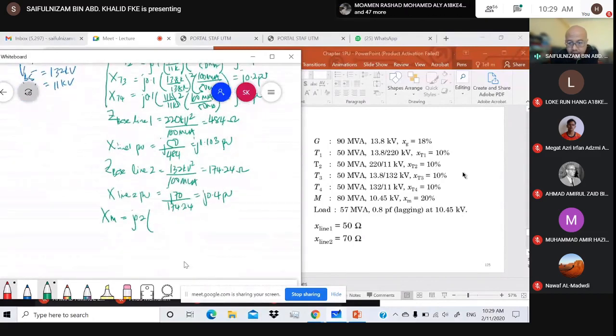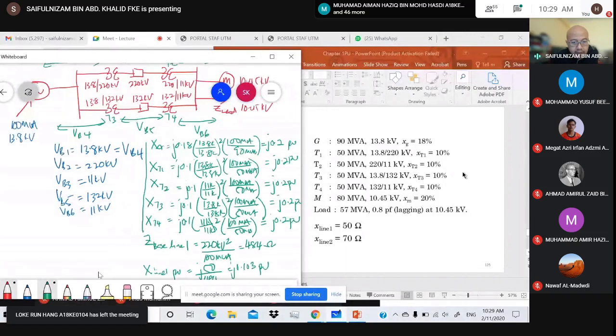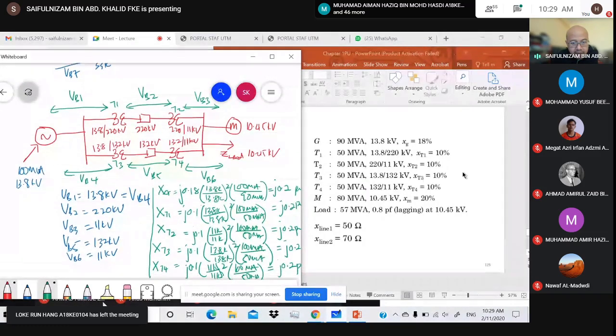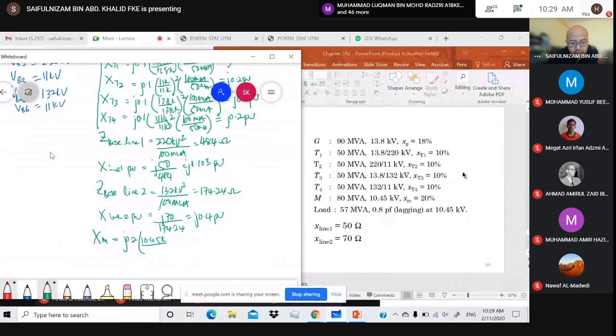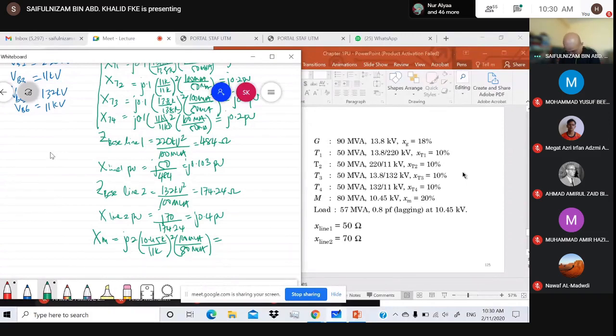It's given here, 10.45 kV, divided by the new base at section 3, VB3 or VB6, which is 11, squared, times 100 over the motor rating of 80. So you get 0.23 per unit.